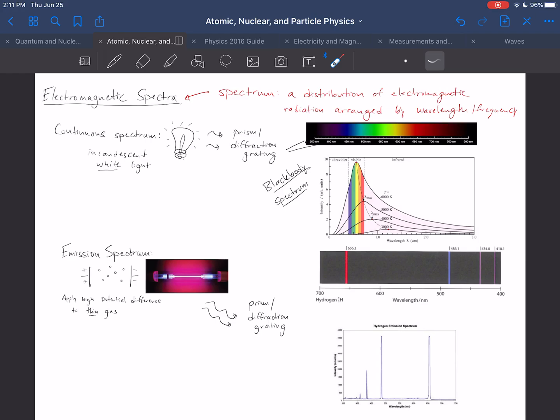That is, there is some light at red wavelengths, some light at orange and yellow and green and blue, and so there are no gaps, and there are no particularly bright spots. Well, I have to be a little bit careful about how I say that, but for example, there's not a random spot in the red here that is particularly brighter than the areas around it. This is known as a continuous spectrum.